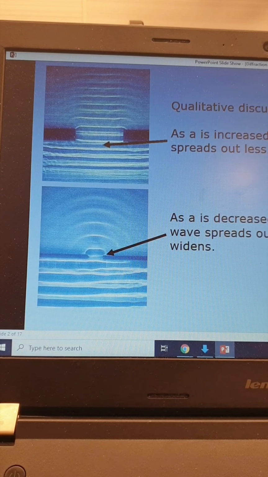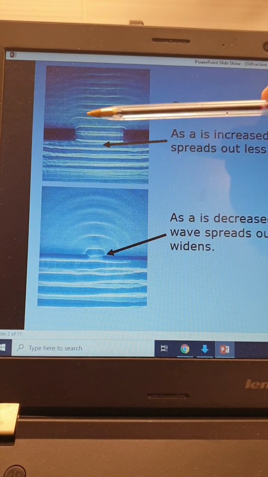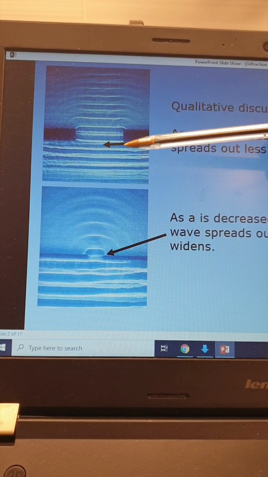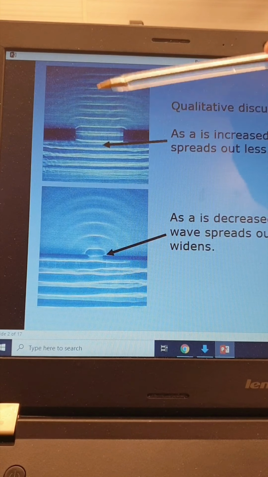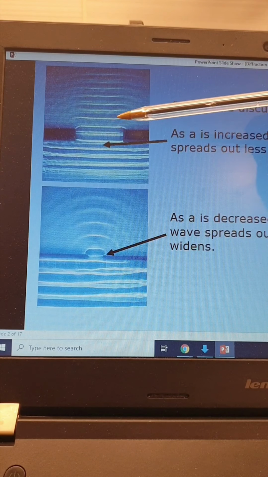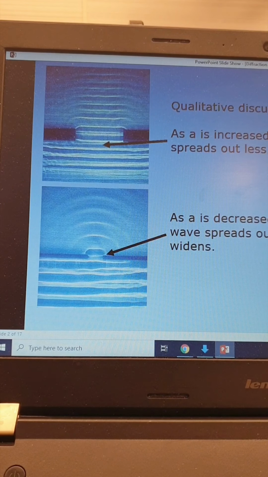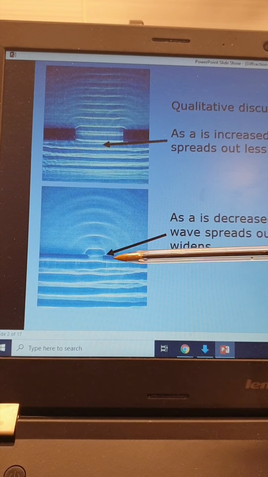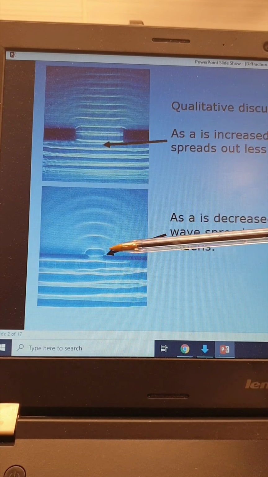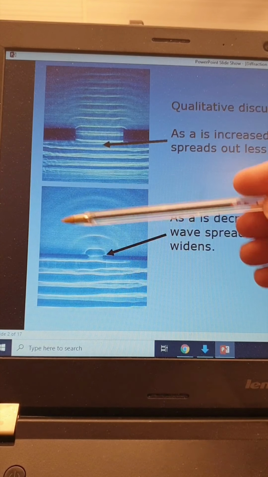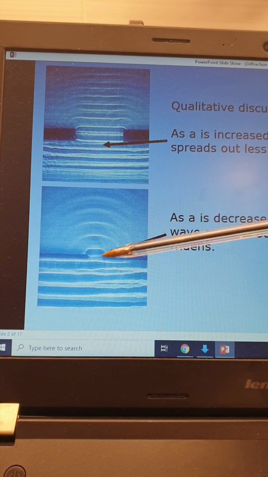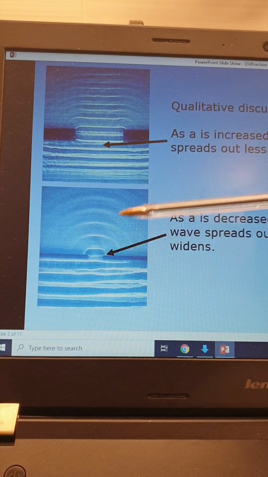So what we find is that at the top, the wave passes pretty much straight through. There's a little bit of spreading out to the sides, but there is a narrowish beam of waves coming through the gap, whereas when we've got a much narrower slit, the beam spreads out, so the beam coming through the gap is wider, and by beam I mean this area of the waves.